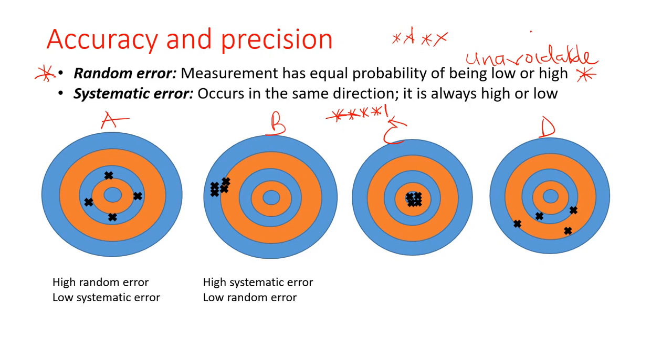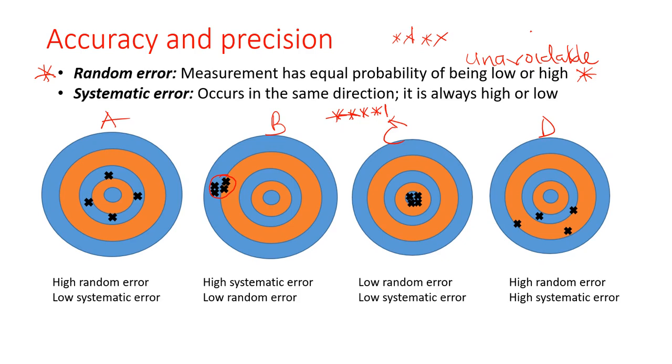This one we have really a high systematic error, but low random error because the values are close. The measured values are close to each other. So the random error is very low. Here we have low random error and low systematic error. While here we have both high random error and high systematic error.